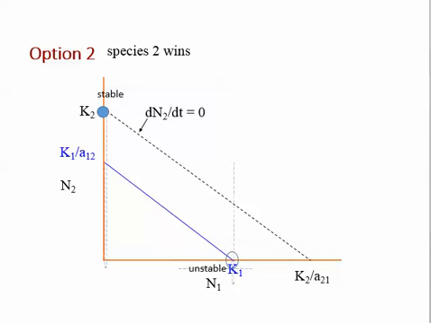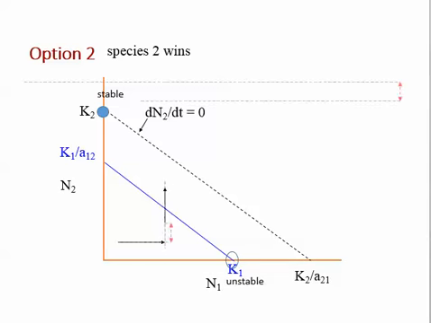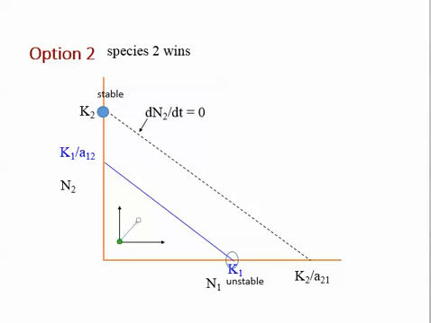You have exactly the same condition where populations below both isoclines would increase, resulting in a trajectory moving in this direction, and above both isoclines, populations would decline, moving in this direction.